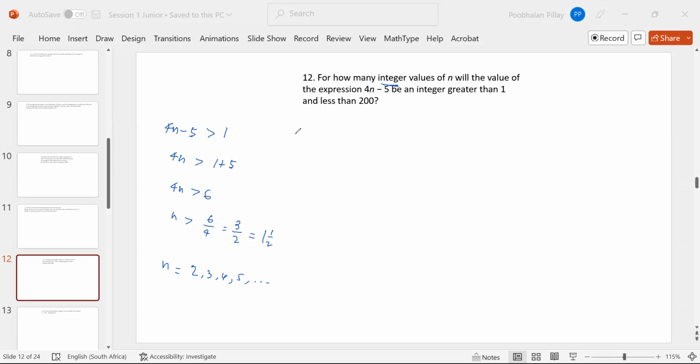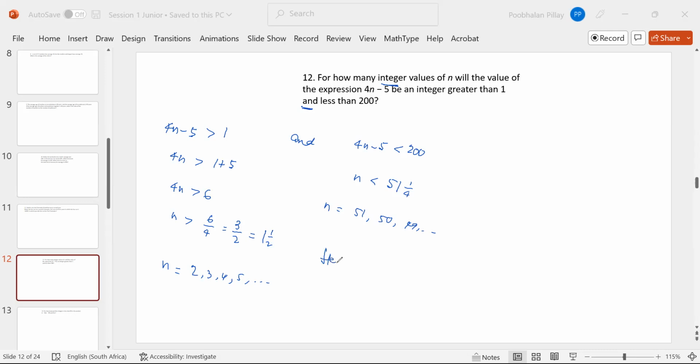So you also have "and" 4n minus 5 is less than 200. You do the same thing here, and eventually you get that n is less than 51.25, which means that n is 51, 50, 49, and so on.